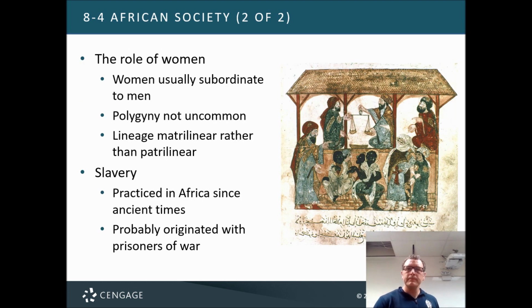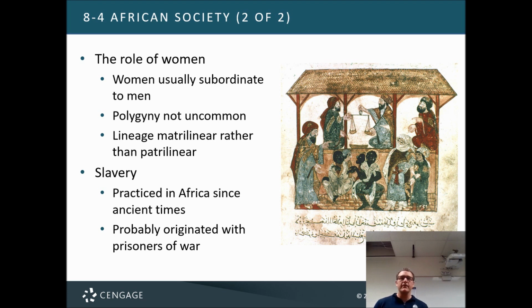So, the role of women. Now, women were typically seen as subordinate or second class to men in most African cultures, in most early societies. In some cases, they were valued for the work they could do or for their role in parenting and in increasing the size of the population of a village. However, there is a difference.